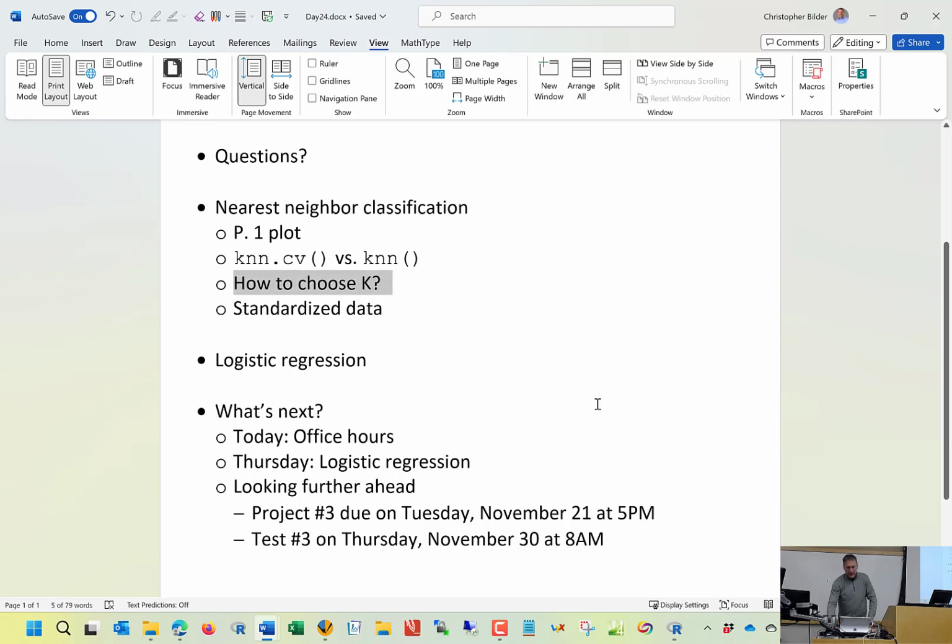Now, the question then becomes, how do you choose k? Simply, the best approach is to try a number of different possible values of k. Obviously, you don't want to go too extreme in terms of what your k is, but start at, let's say, 1 and go up to, maybe 10, and see how it works. If you feel as though you're improving as you're going from, let's say, 7, 8, 9, up to 10, well, then keep on going to 11, 12, and so on.